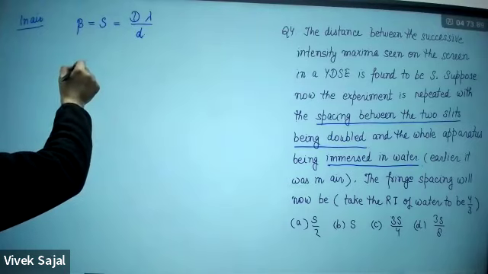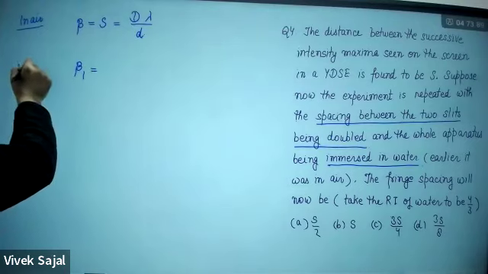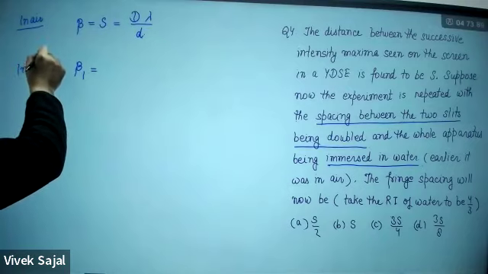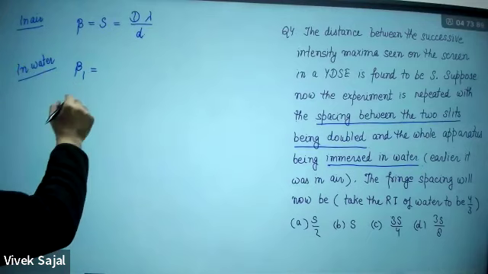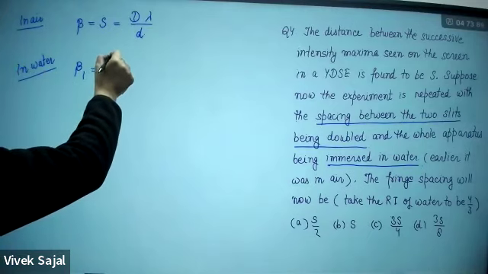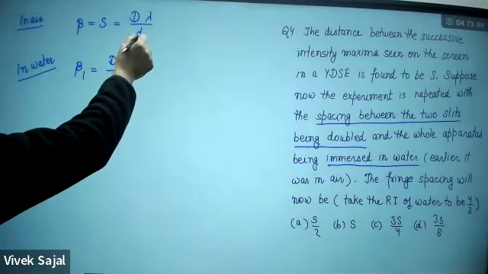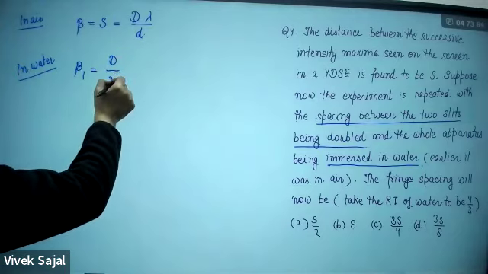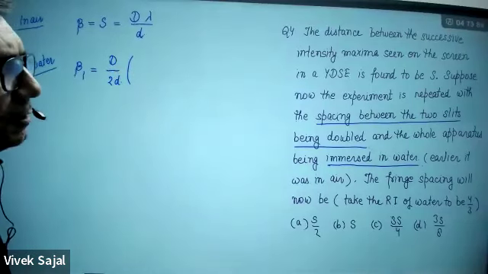So what will be the new beta? You can call it beta 1, in water. Capital D is the same. Small d is doubled, so this will be 2d. And what will be lambda in water?